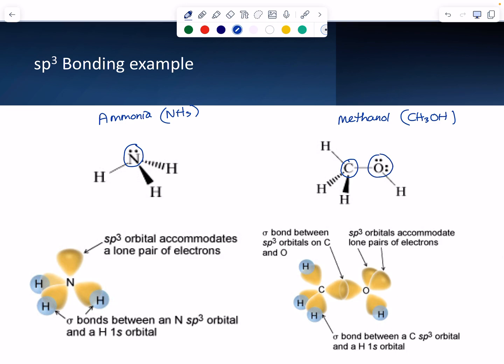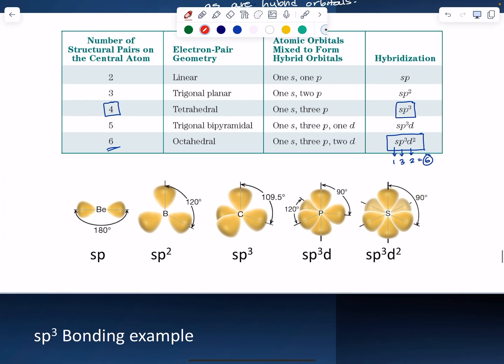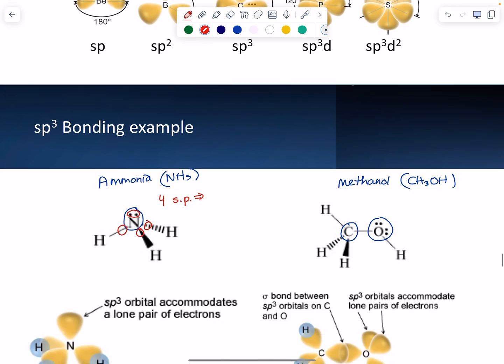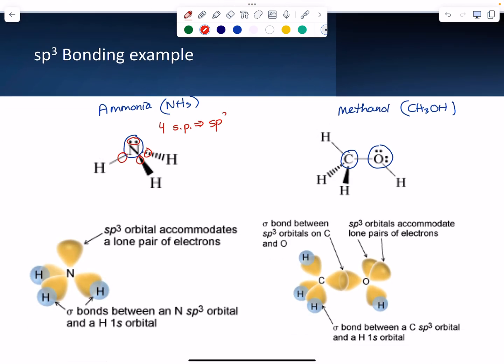If we look at the hybridization around ammonia, we've got 1, 2, 3, 4 things attached to our nitrogen. So 4 structural pairs, and that hybridization is sp3. It doesn't matter if it's bonding electrons or lone pair electrons. We have an sp3 orbital, and that's where the electrons are.